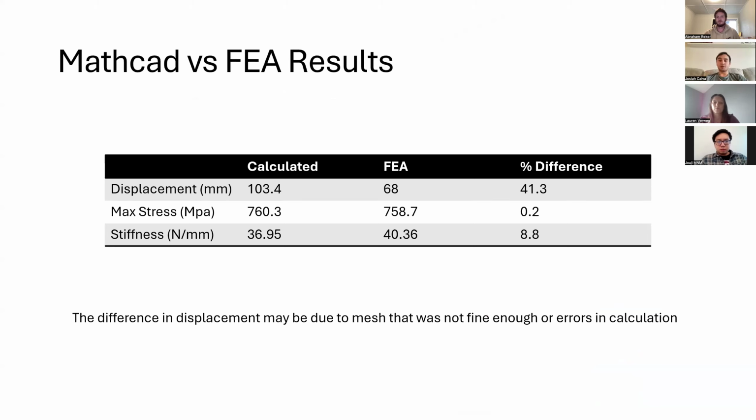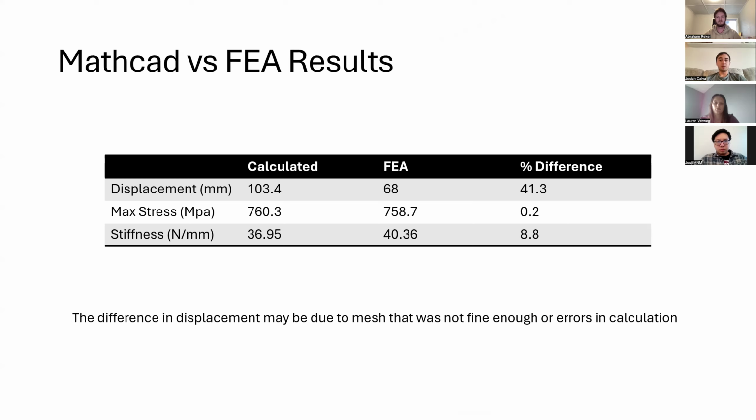So when comparing our results of the MathCAD versus the FEA, our biggest percent difference came from the displacement. When we calculated it, it came out to 103.4 millimeters. However, when we ran the FEA, it was 68. So that gave us a large percentage difference of 41.3. When looking at the max stress and the stiffness, our numbers compared much more closely.